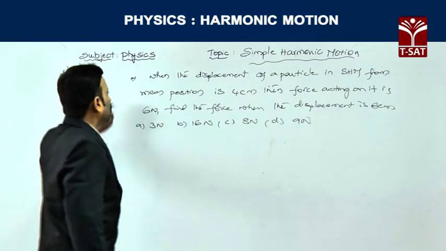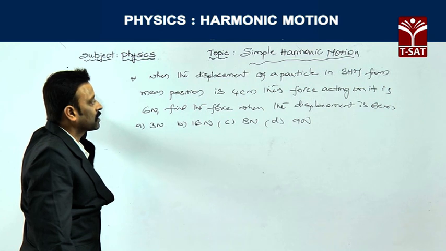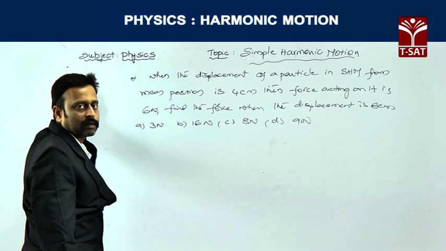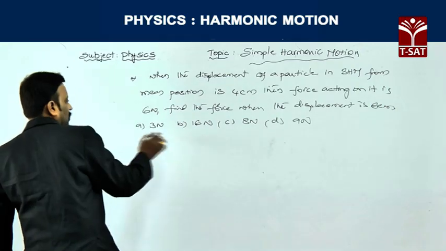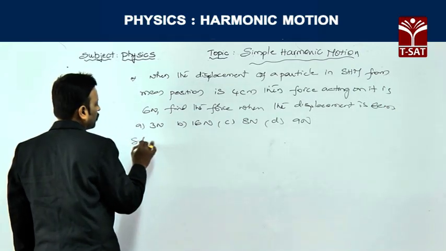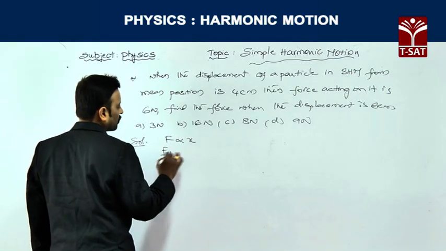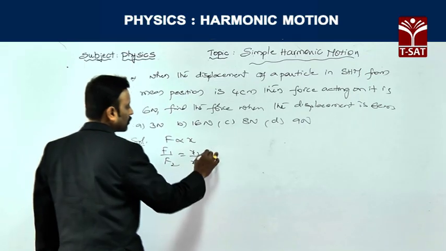Look at the problem. When the displacement of a particle in simple harmonic motion from the mean position is 4 centimeters, the force acting on the particle is 6 newtons. You are asked to calculate the force acting when the displacement of the particle is 6 centimeters. What is the relation between force and displacement? F proportional to x. From that F1 by F2 is equal to x1 by x2.